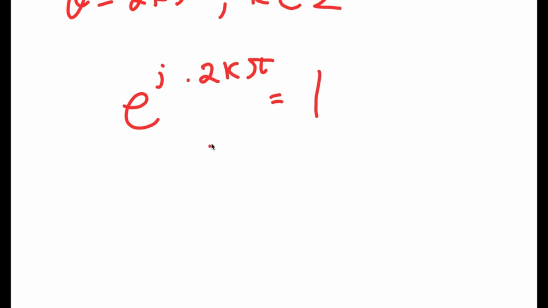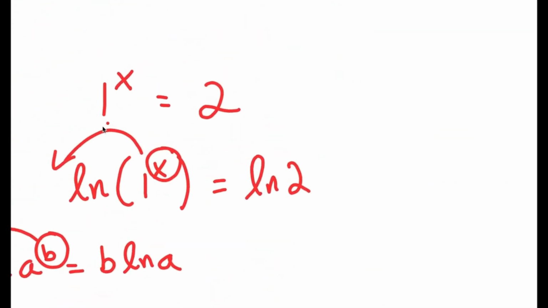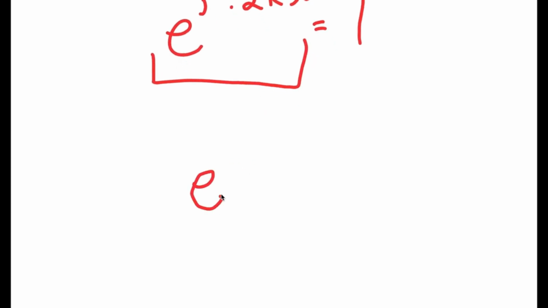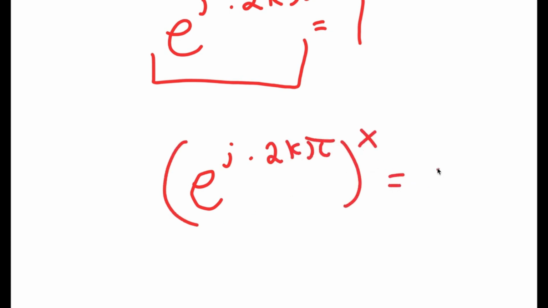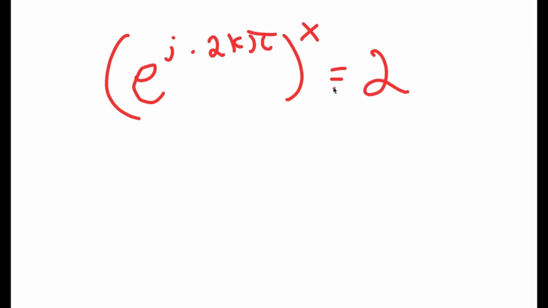Now, because this is equal to 1, we can remember our first equation, which we started with, 1 to the power of x equals 2, and we can substitute this in for 1, meaning I get e to the power of i times 2k pi, all to the power of x, is equal to 2. So just think of this as 1. So basically 1 to the power of x equals 2.